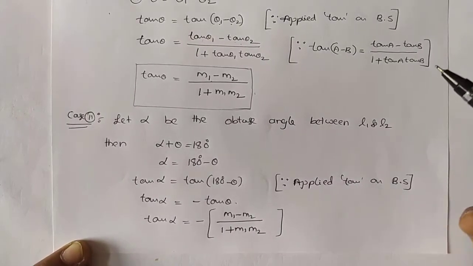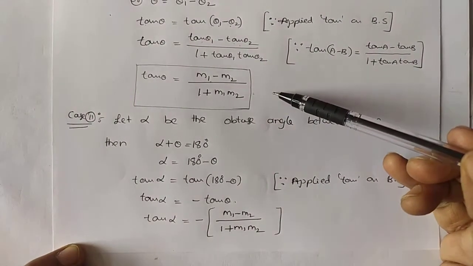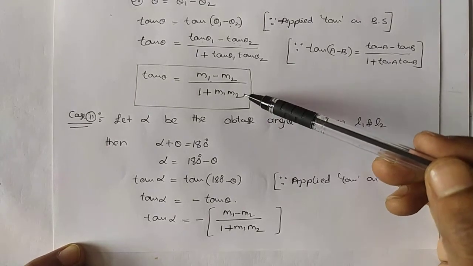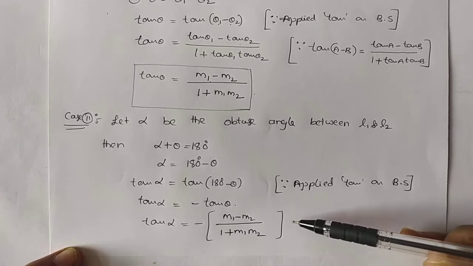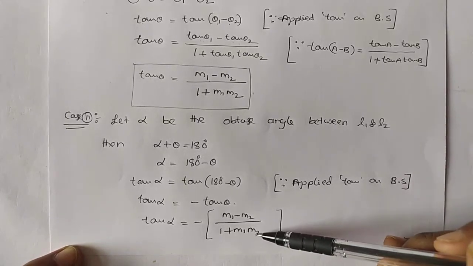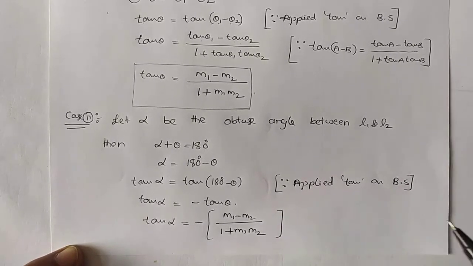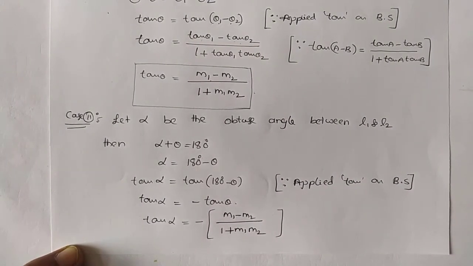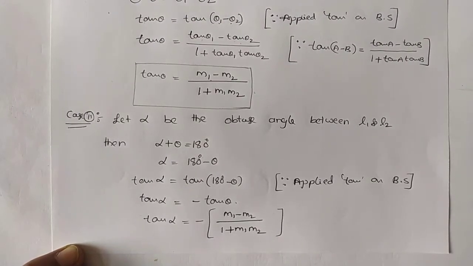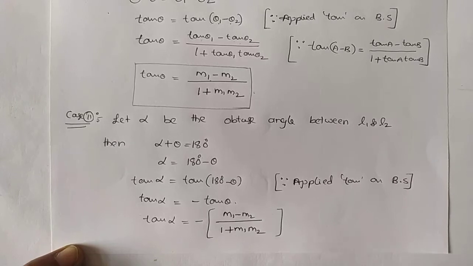In the first case we found tan theta equals m1 minus m2 divided by 1 plus m1 m2. In the second case we found tan alpha equals minus of m1 minus m2 divided by 1 plus m1 m2. Therefore we can conclude from the first case and the second case that it will be plus or minus.